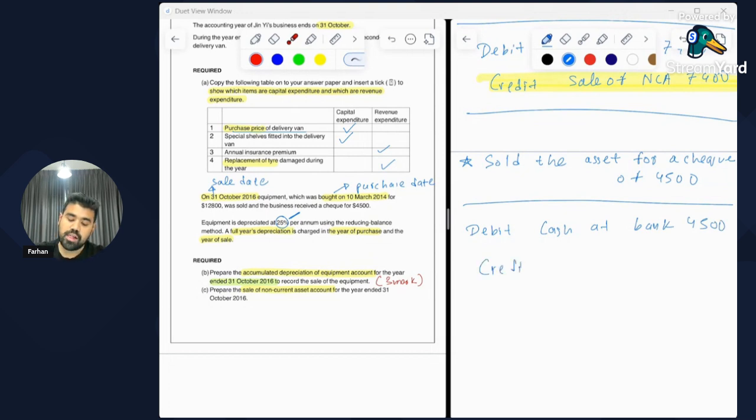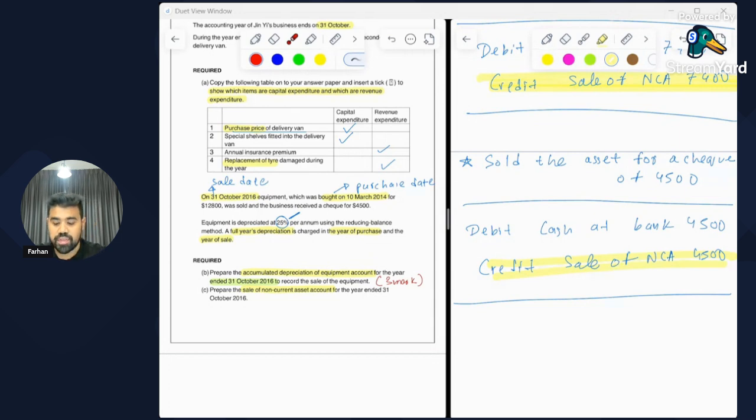Because of the sale of the non-current asset, which will take the credit entry in this case. So credit is sale of non-current asset by 4,500. Now we're going to reflect this in the account for the sale of non-current asset, and on the credit side, we will show 4,500 with our cross-reference for the account being cash at bank.